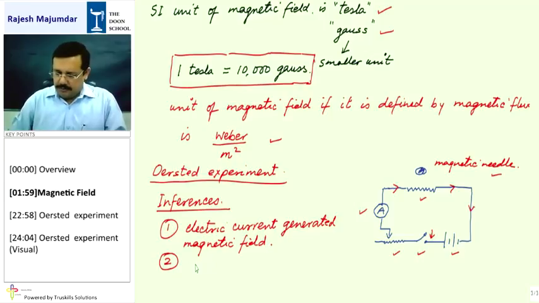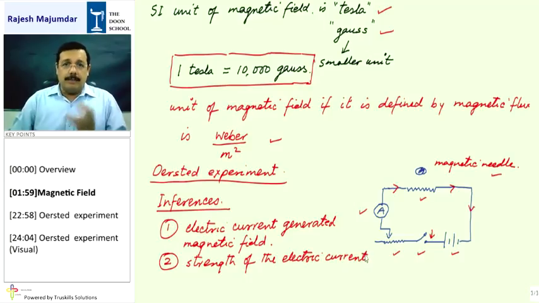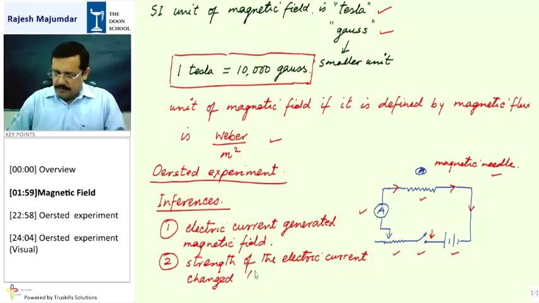Number 2: the strength or the amount of electric current changed the intensity of the magnetic field.